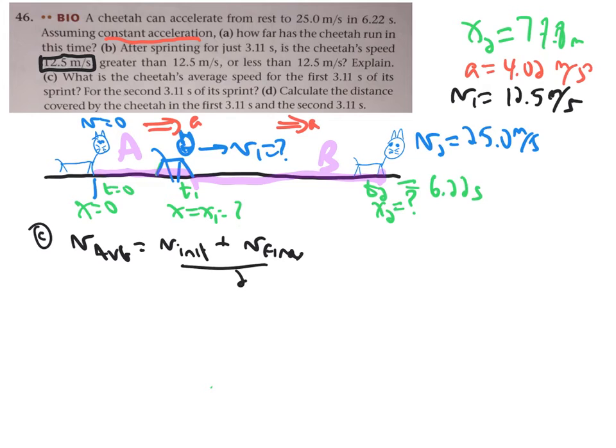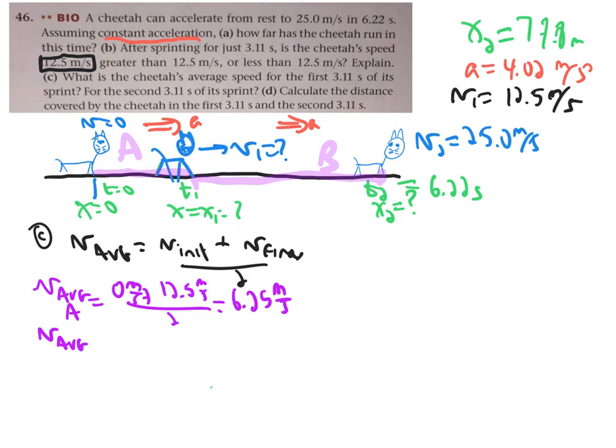And we find that V average A is going to be 0 meters per second plus 12.5 meters per second all over 2, which is 6.25 meters per second. But V average over part B is going to start at 12.5 meters per second and end at 25 meters per second divided by 2, and that's 18.75 meters per second.